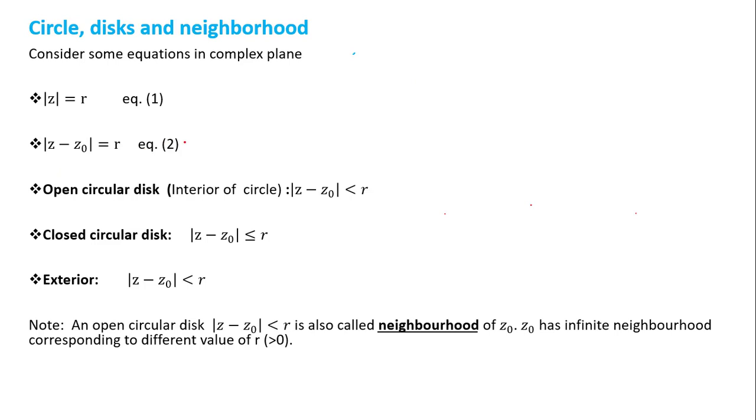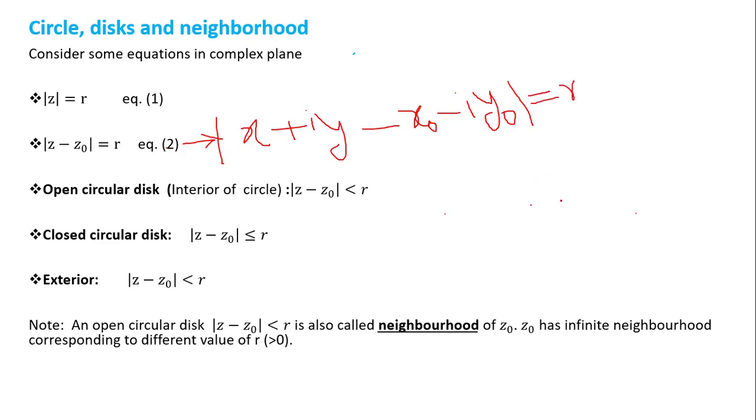So z is x plus iota y, minus x naught minus iota y naught. I'm taking z naught as x naught plus iota y naught. So this will give us this, which is equal to r.